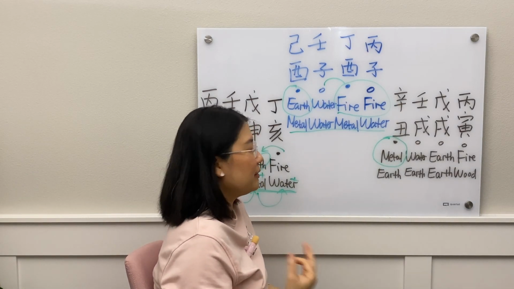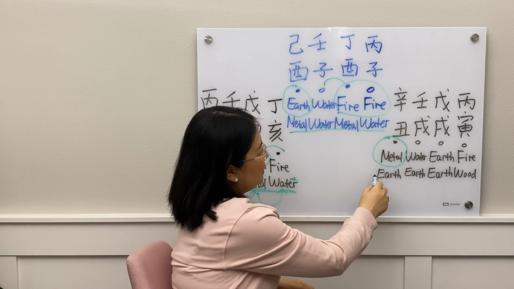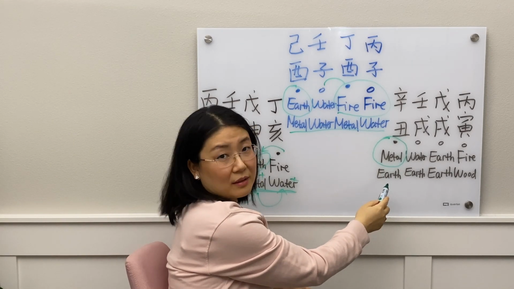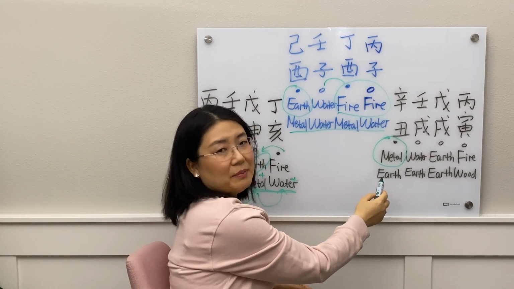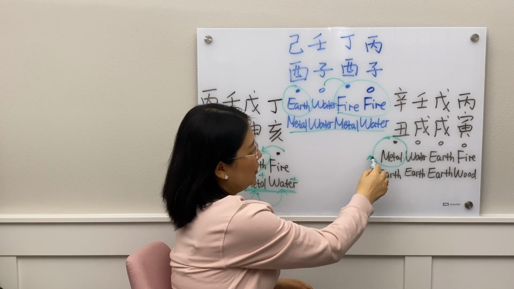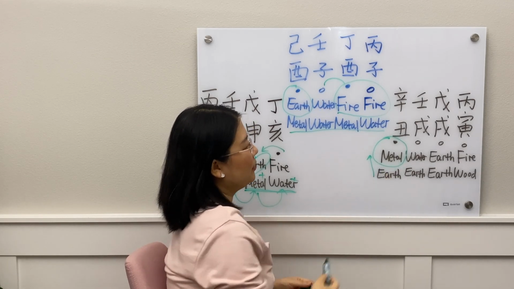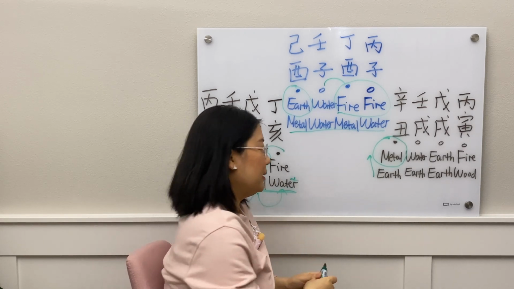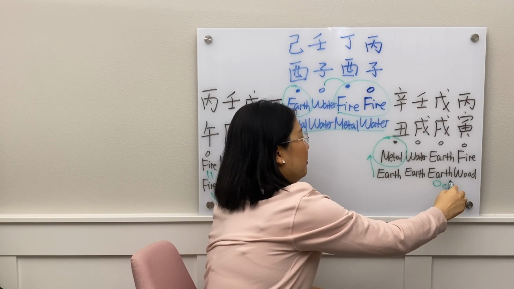Why would I say that? There are three factors. One is this earth, especially since it's a yin earth, which is a wet earth type, is the best medium to support and grow metal. So you have a strong supporter here. The second reason is this October month.